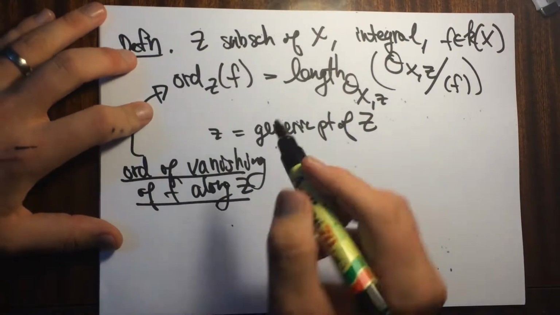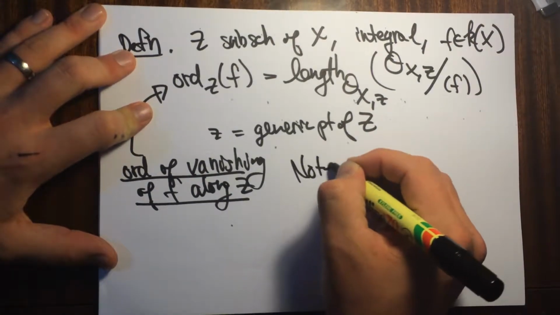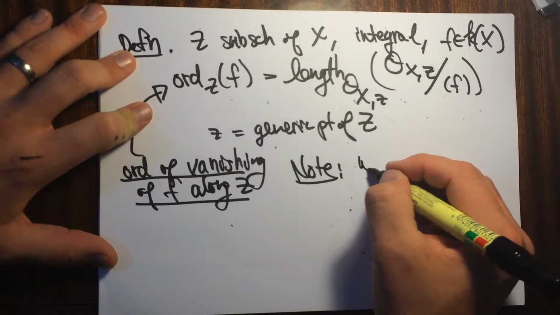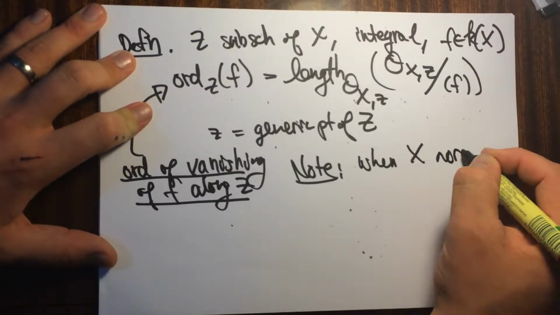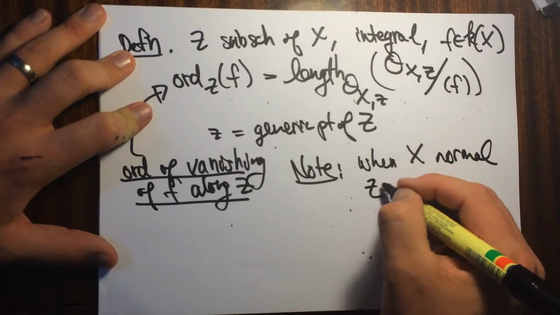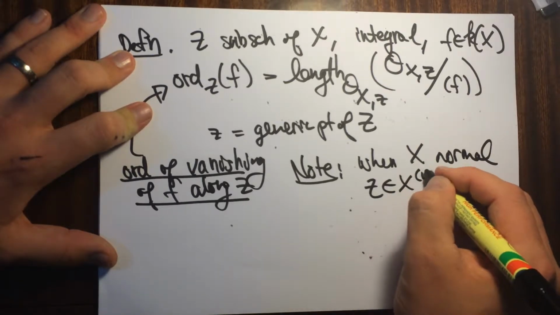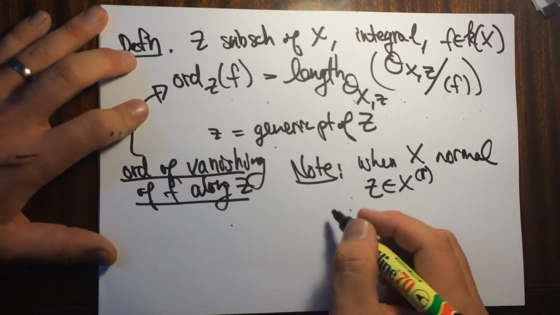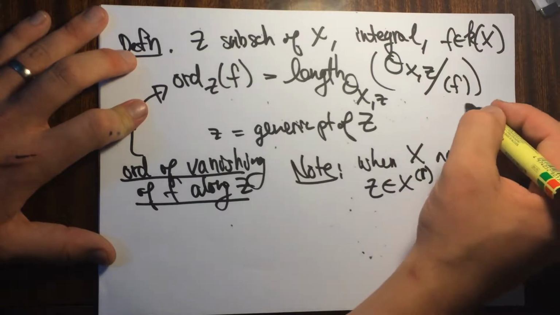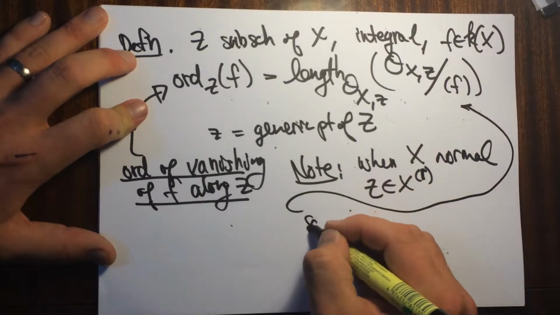Okay, so that's what we have, and so this allows us to define principal divisors. So note that when X is normal, and Z is codimension 1, so this is like a 1 here, the codimension 1 subvarieties, we get this from the valuation. So this is the same as the valuation.